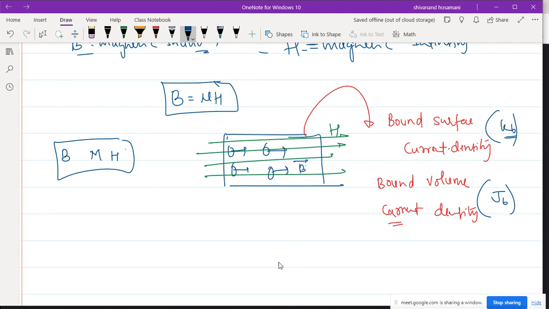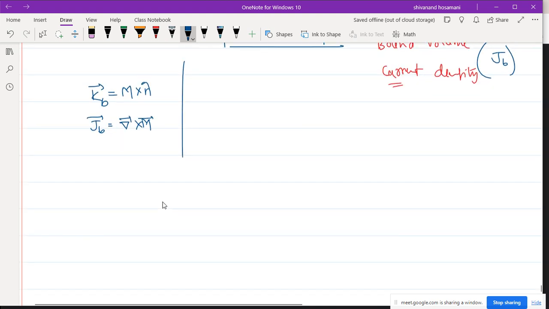Therefore KB, a vector quantity, is given by magnetization cross n cap. JB vector is equal to del cross M. Do you know what the relation is? How do we represent that in terms of polarization?